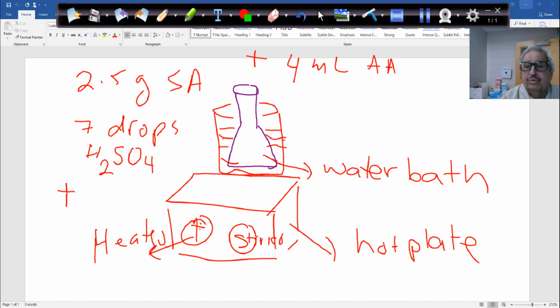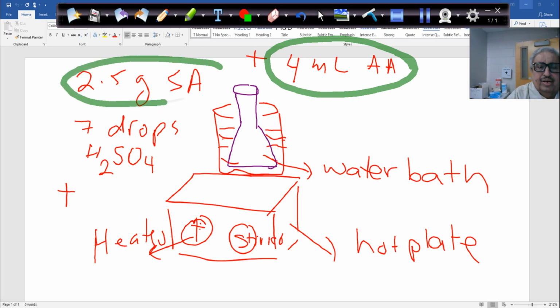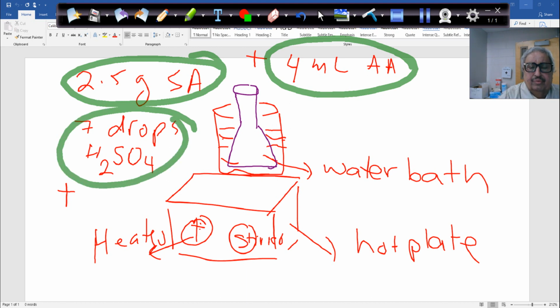All those components here: 4 mL of acetic anhydride, 2.5 grams of salicylic acid, and 7 drops of sulfuric acid, all those are here.